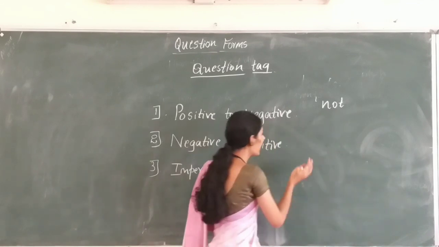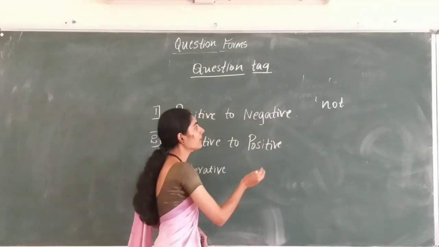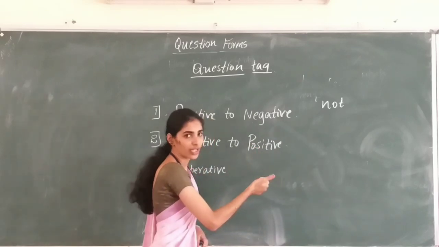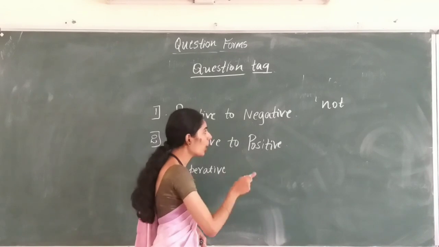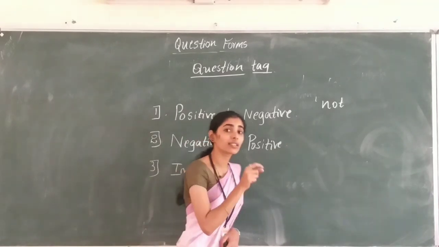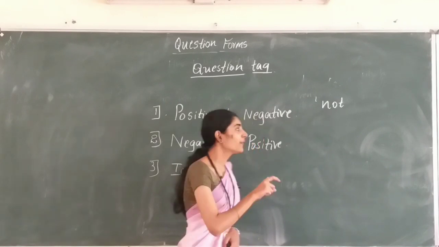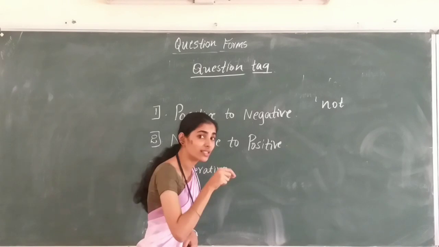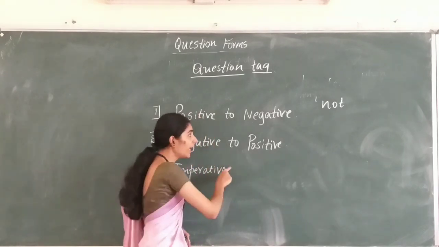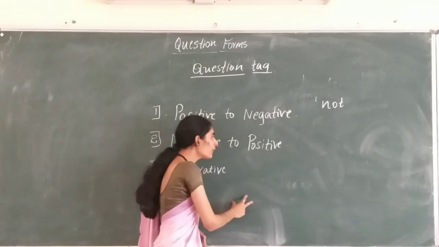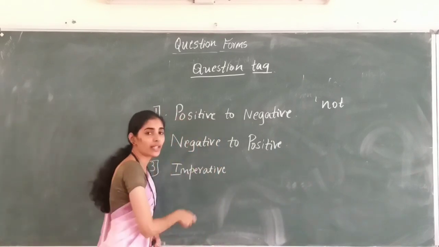I hope you are able to identify the negative words in a sentence. If you don't find not in a sentence, the given sentence is positive, then the tag must be negative.